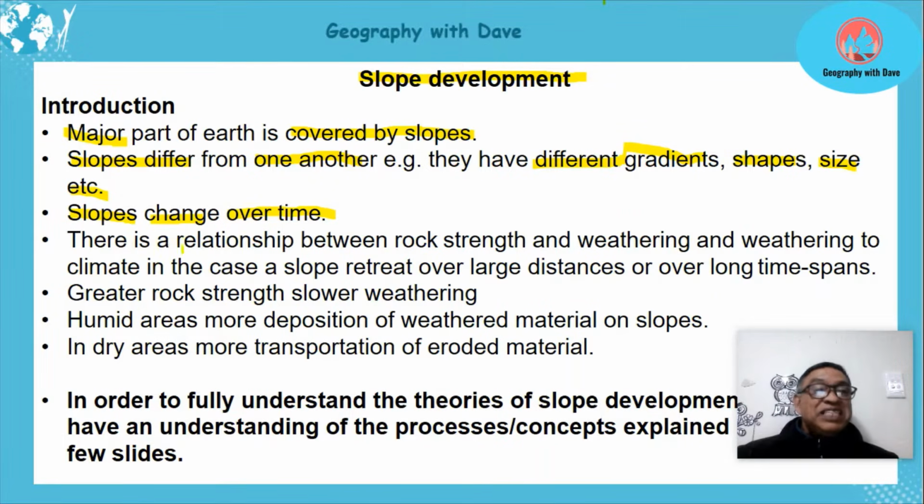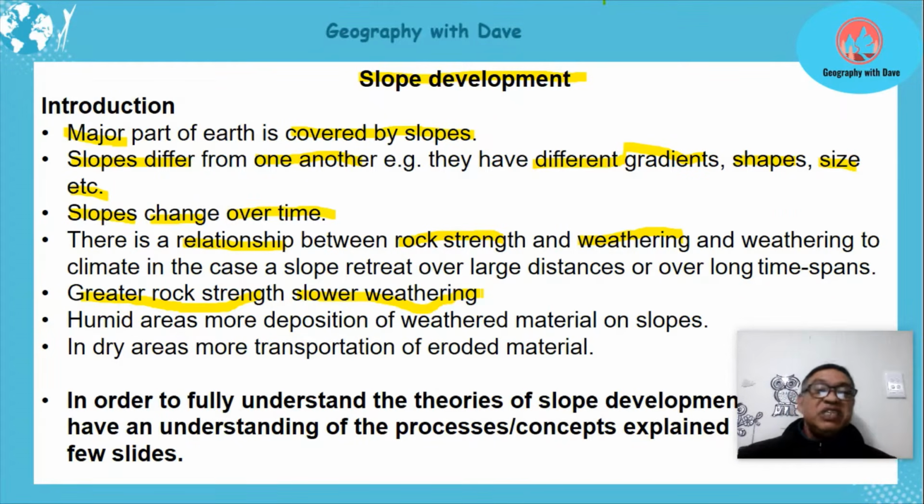There is a relationship between rock strength and weathering. What does that mean? Greater rock strength means more resistant rock and slower weathering, so it will affect the processes of change of the slopes.